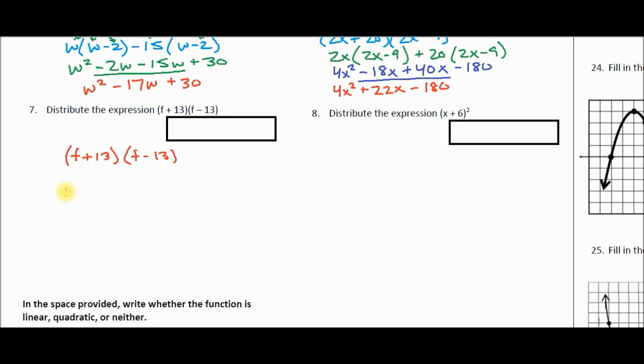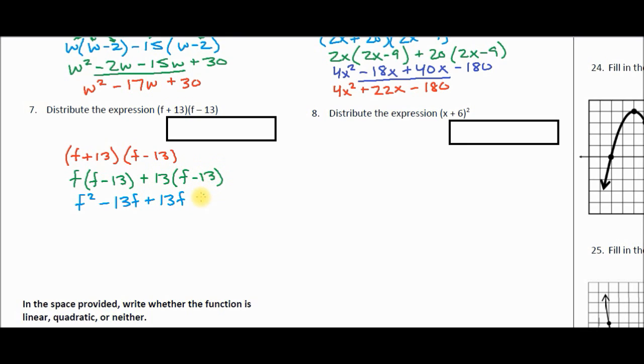Let's go ahead and take the f, first term of the first binomial, multiply it times the second binomial. Take the second term of the first binomial and multiply it by the second binomial. Now we'll go ahead and multiply this out. We've got f times f is f squared. f times negative 13 is negative 13f. 13 times f is positive 13f.